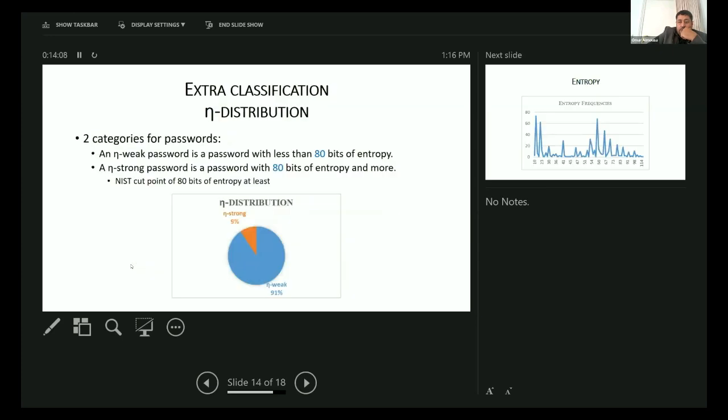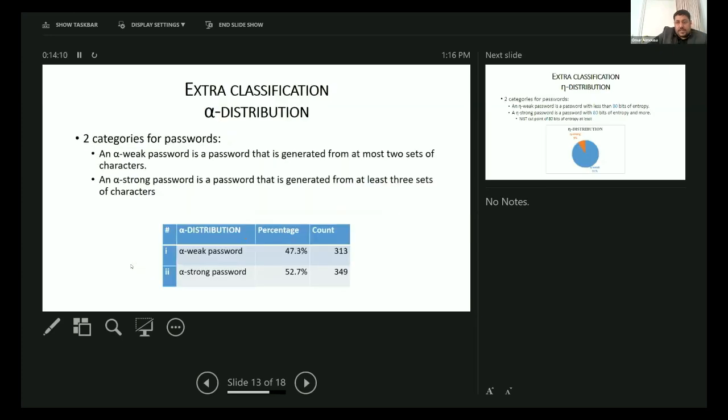And here we have the alpha distribution. Almost 50% is alpha weak, while above 50% is alpha strong passwords. But the percentage is not very satisfying. Most of the students should be in this alpha strong category, but this is what we had.